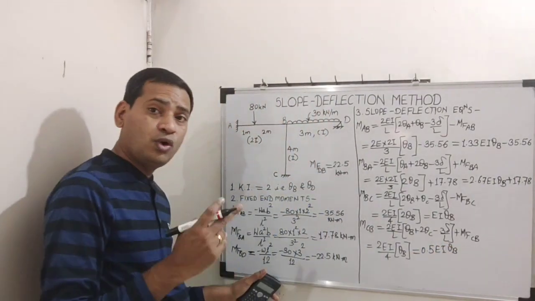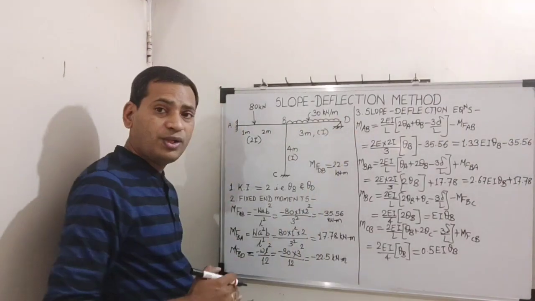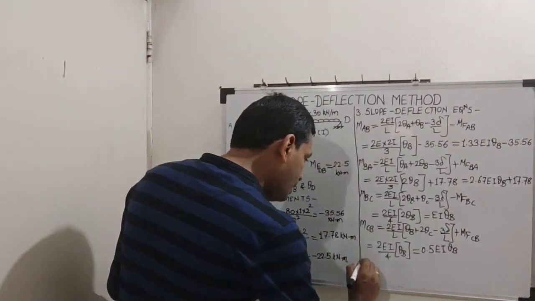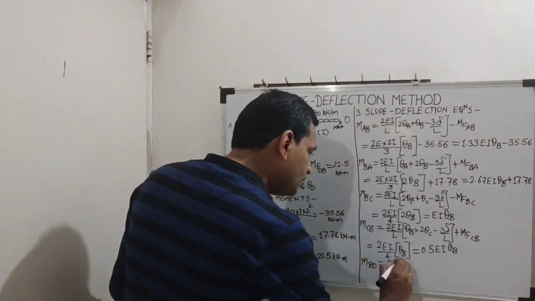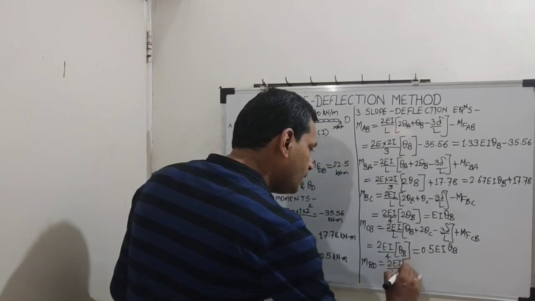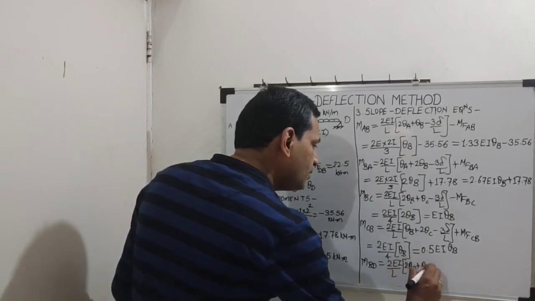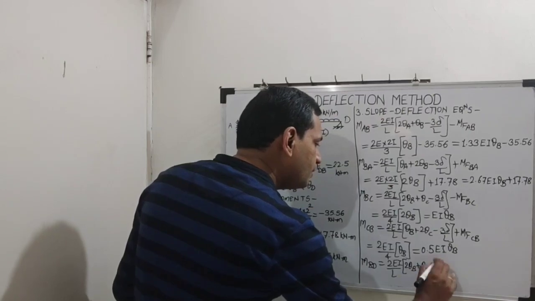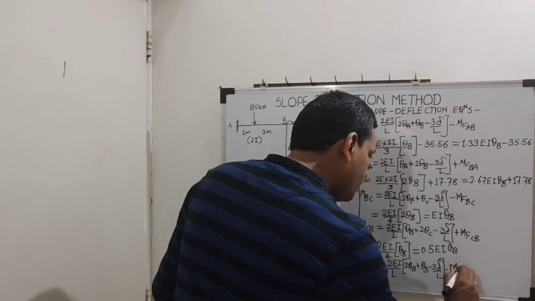Simple. Now 2 more are remaining. So MBD. So MBD is 2EI upon L into bracket 2 theta B plus theta D minus 3 delta by L minus MFBD.